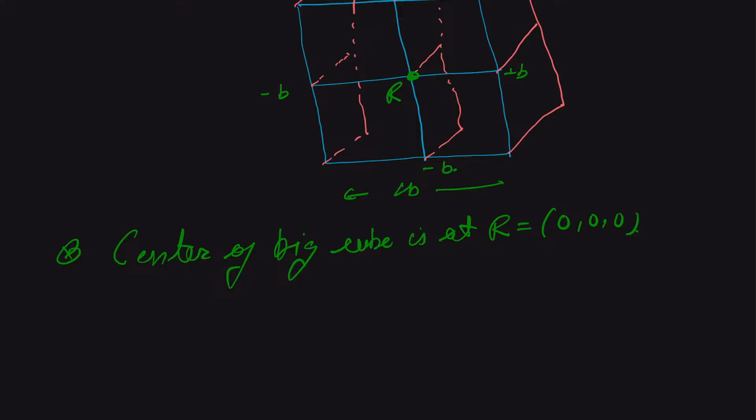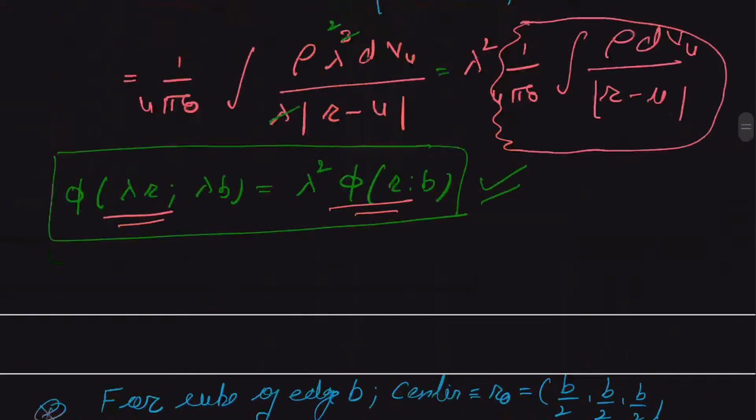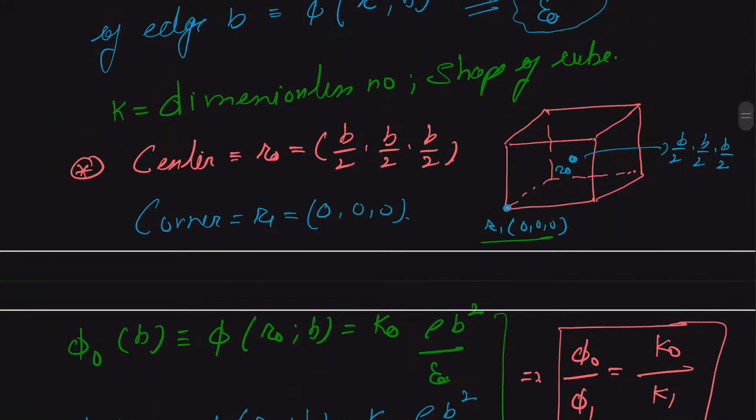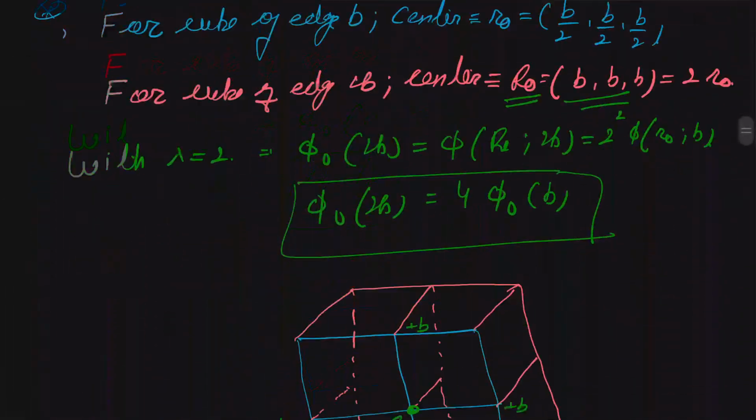And we also know, for the smaller cube which we have drawn here, the corner has the same coordinate, so they are going to coincide with each other.